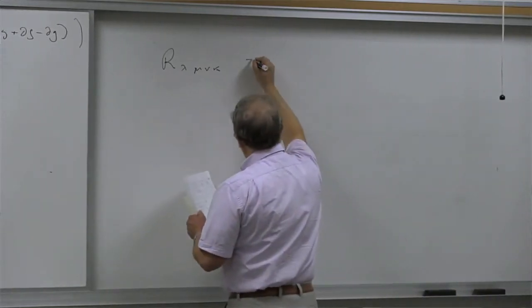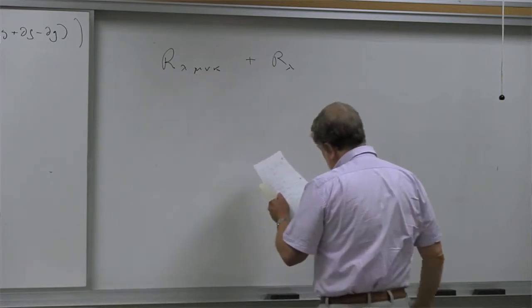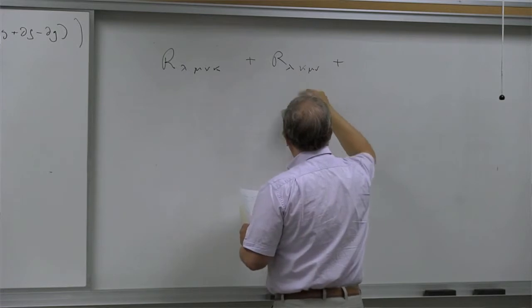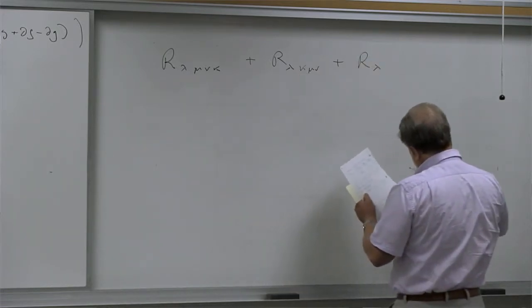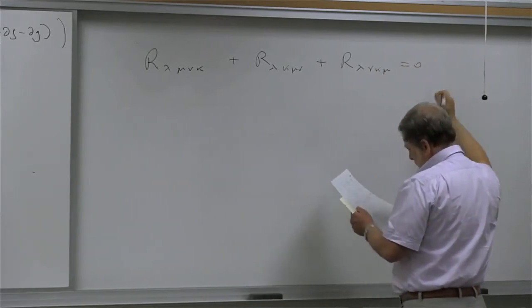So plus R lambda k mu nu, and then again swap, so you get R lambda nu k mu, and this is 0. Okay.